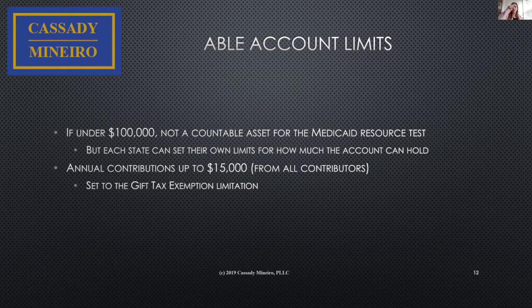It needs to be $15,000 total from all contributors. That is set to the gift tax exemption limit. So if you're paying attention to gift tax, that will go up as the gift tax exemption goes up.